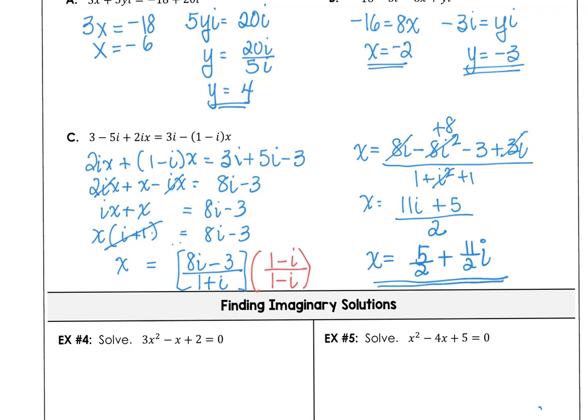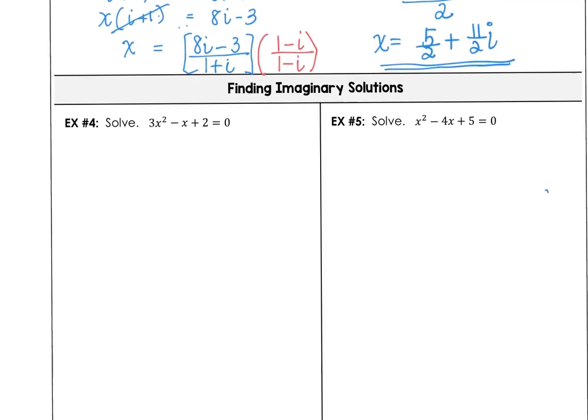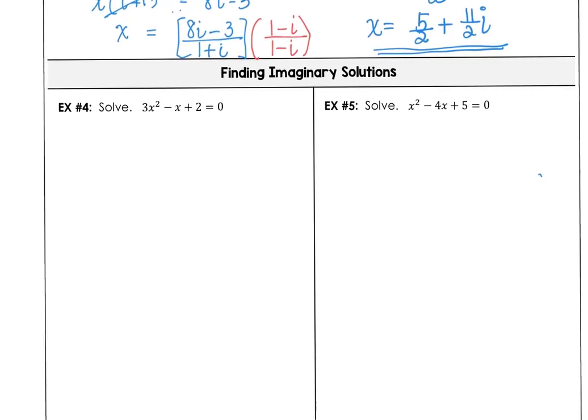So using that property of equality for complex numbers in that example. For example 4 and 5, we'll use the quadratic formula to solve for complex solutions. So a is 3, b is negative 1, and c is positive 2, and x is the opposite of b, plus or minus the square root of b squared minus 4 times a times c, all of that divided by 2 times a.